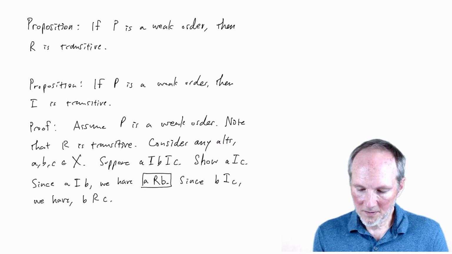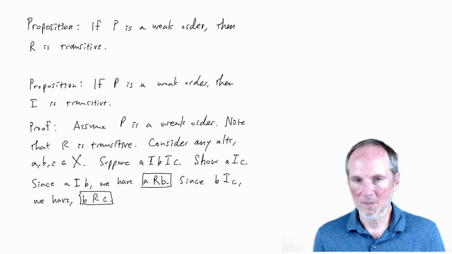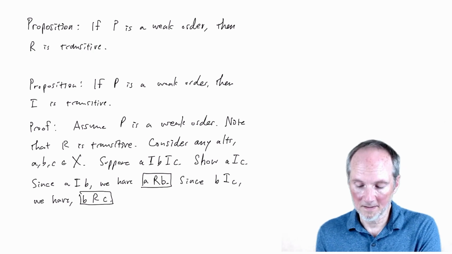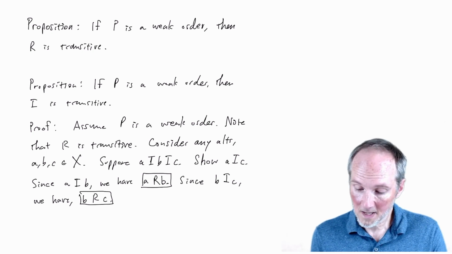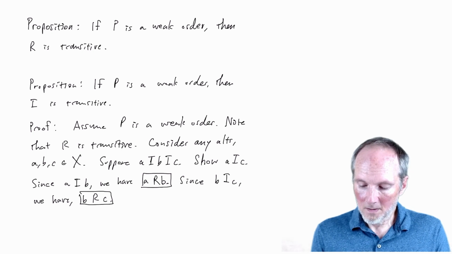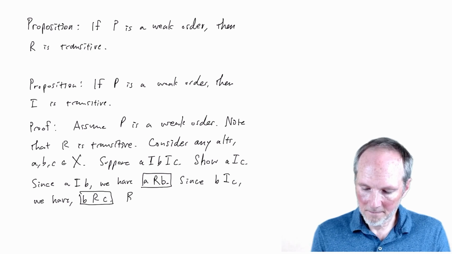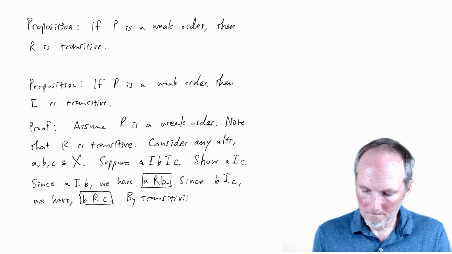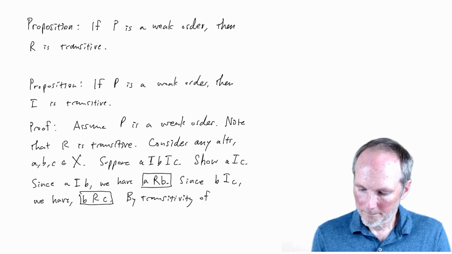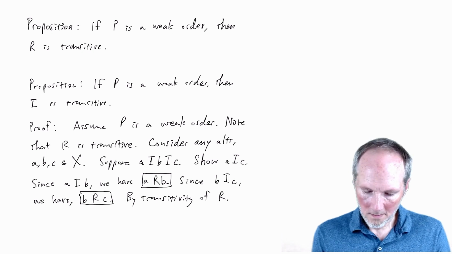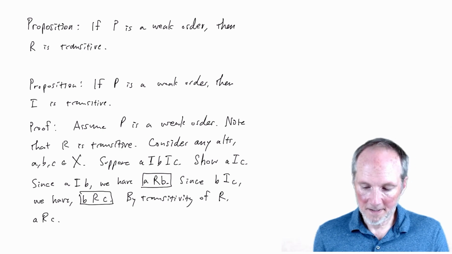So now we have these two weak preferences, which are implied by the indifferences. A is at least as good as B. B is at least as good as C. By transitivity, that means that A is at least as good as C.